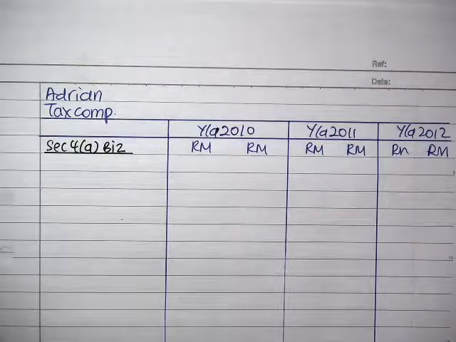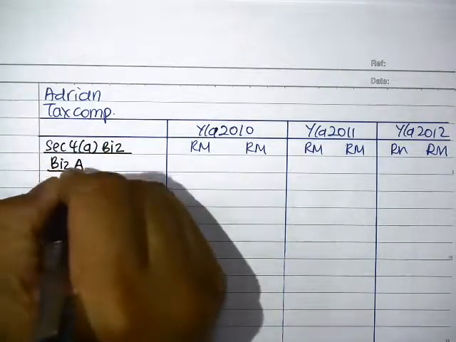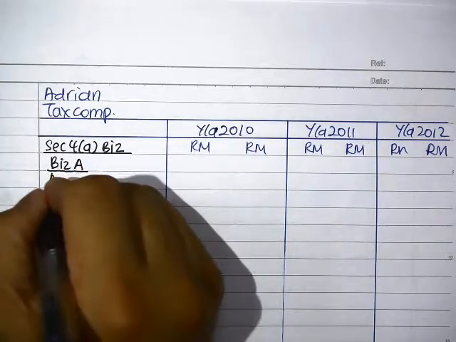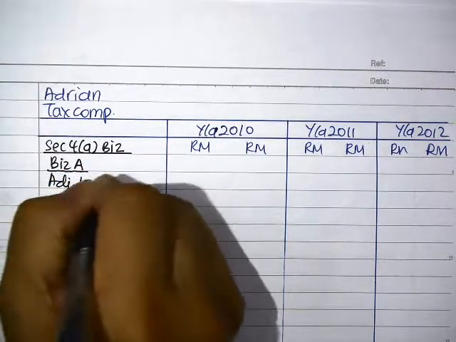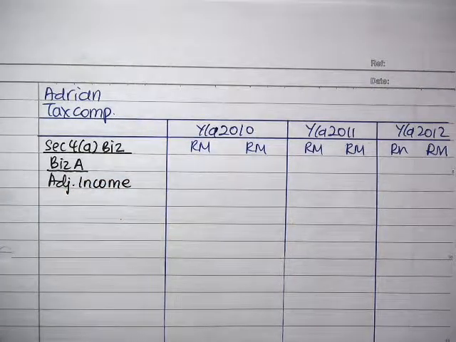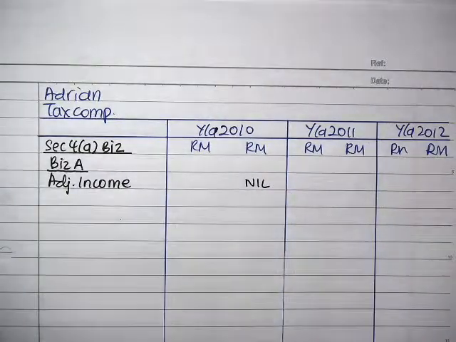So you just look at the question. You have business A, and they've given you the adjusted income for business A, which is a loss of 30,000. Now, I told you in the class, we do not recognize negative value, so you have to put this as nil.